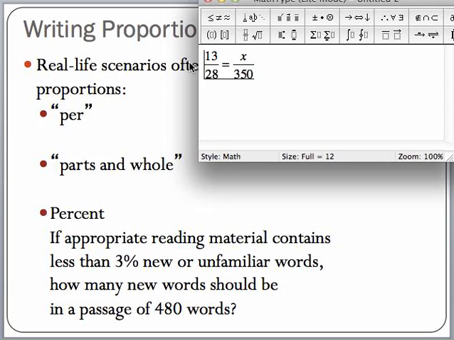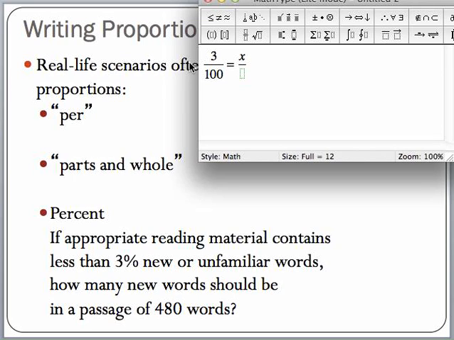So the proportion in this case, I'm going to have that same parts and whole idea. The percent part of it, 3% is 3 as part of the whole, which is 100. And so 3% is written as 3/100ths. And then on the other side, I don't know how many new or unfamiliar words I would expect, so I'll call that x.